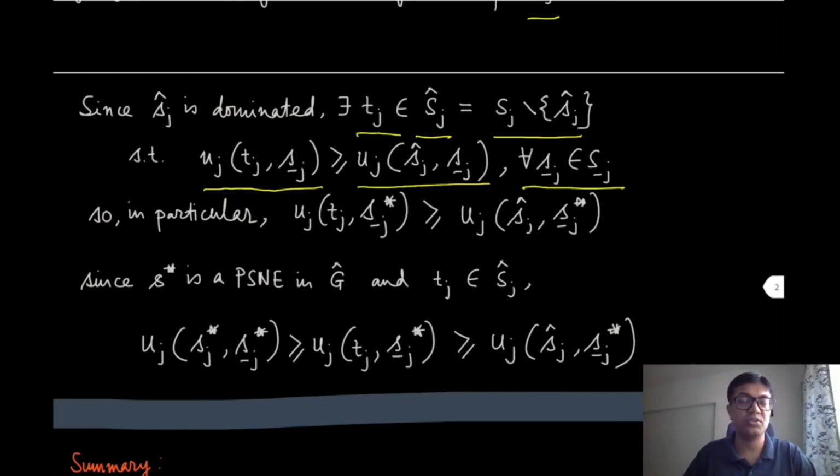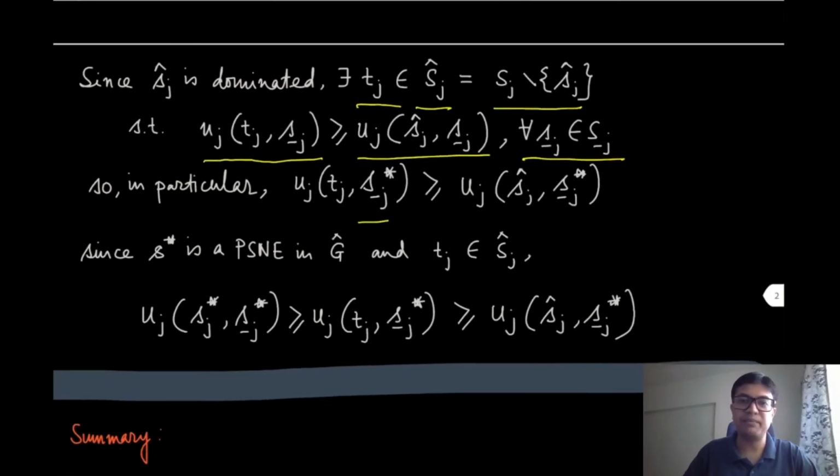And therefore, in particular, if we focus only on the Nash equilibrium strategy for all the other players, this is definitely going to hold. Now, since S star is a PSNE in G hat, the reduced game, and because TJ is belonging to this reduced set, then what can we say?